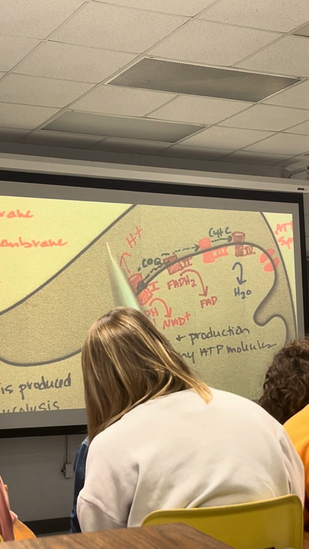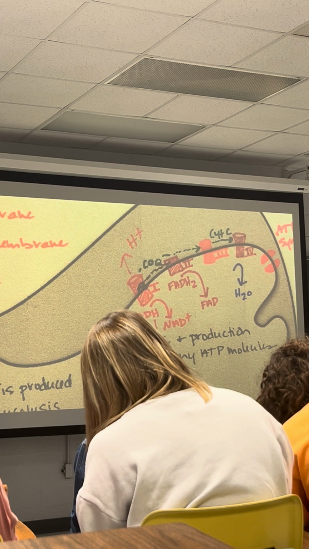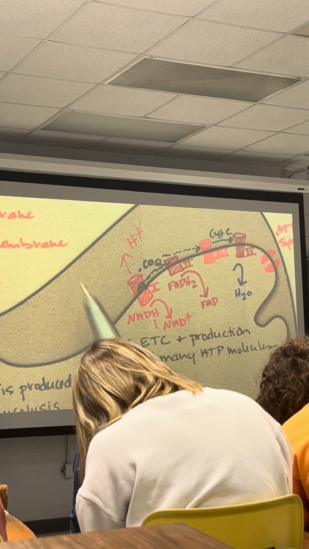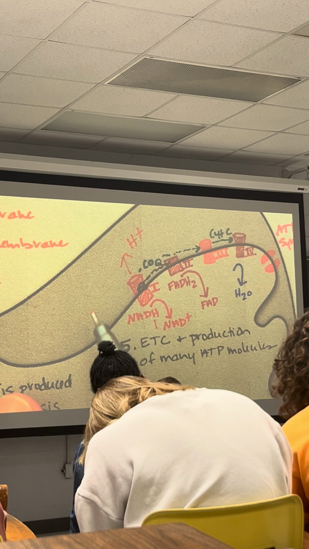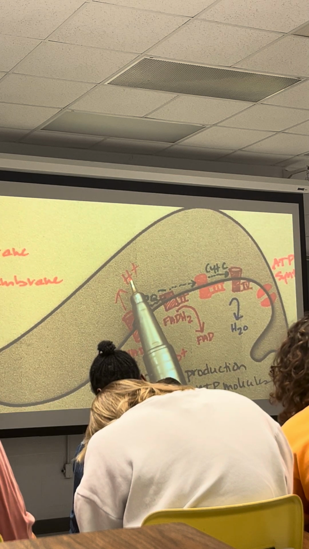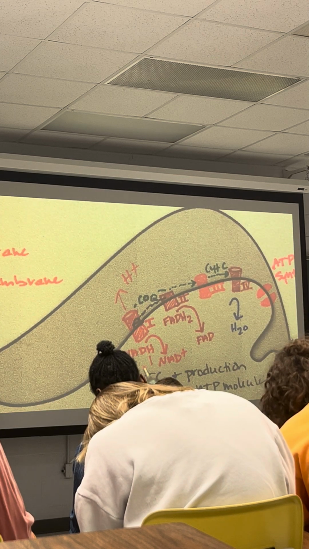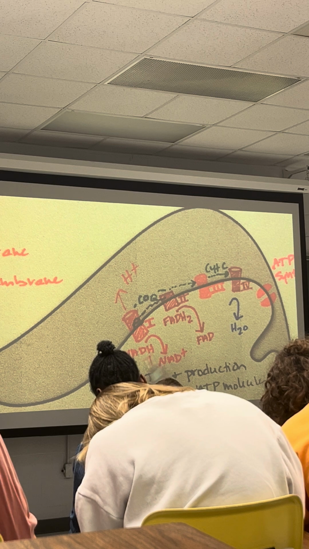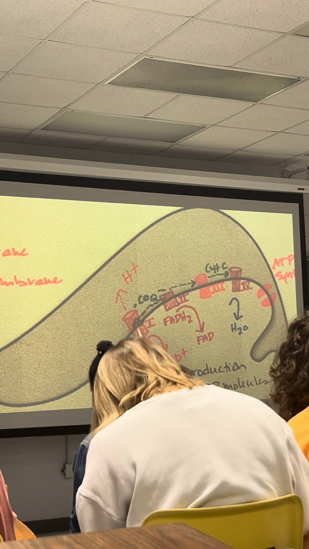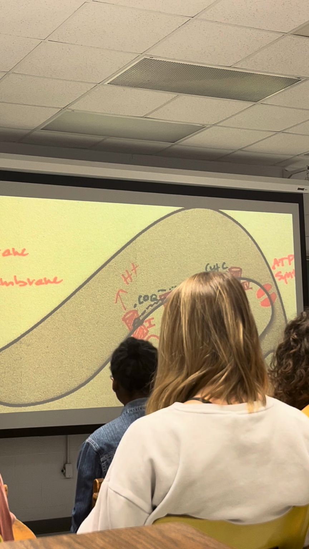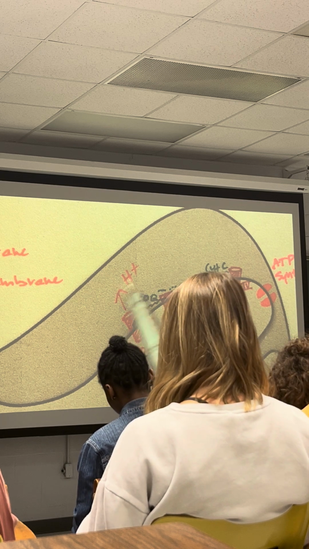So we've got outer mitochondrial membrane, inner mitochondrial membrane. We've got the space in between. The space is really important because this is where we collect hydrogen. So complex 1 strips electrons from this and hydrogen from this. The electrons bounce through this chain and they fuel the pumping of hydrogen into this space.